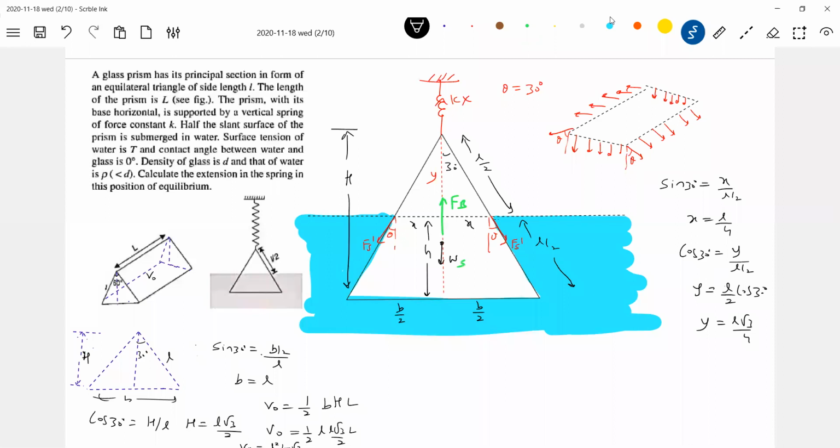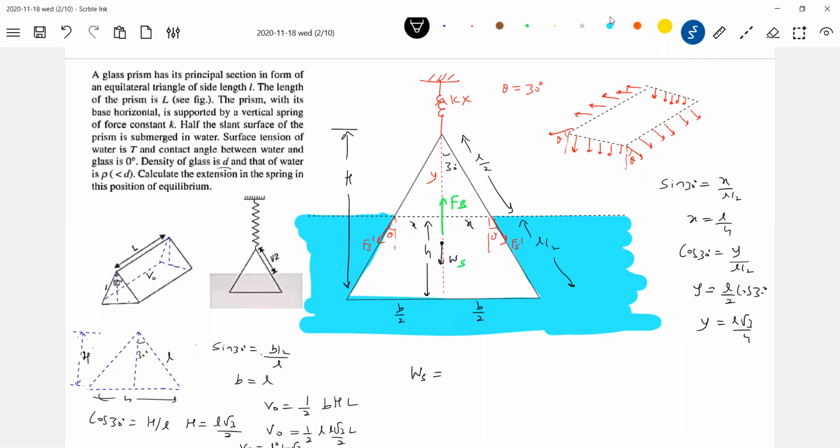Okay, fine. So after getting the weight of the solid, the density of glass is D and that of water is rho. So he has given the densities also. Please look here. The density of this is D, no? So first, we'll calculate the weight of the prism.